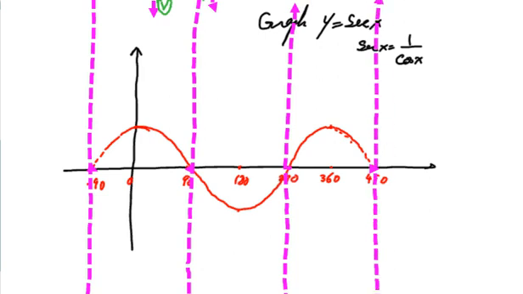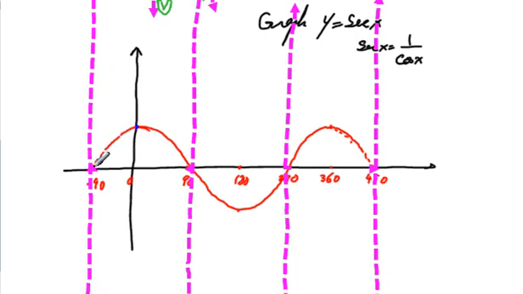Now what do I do next? Tell me what to do in this section. What's going to be the location of the turning point, or the bottom of this piece? x equal to 0 and y equal to 1, is that right?